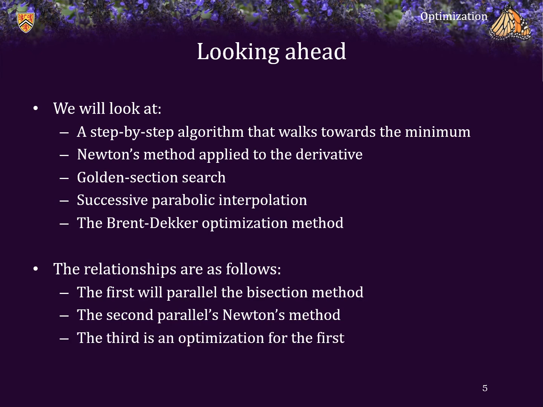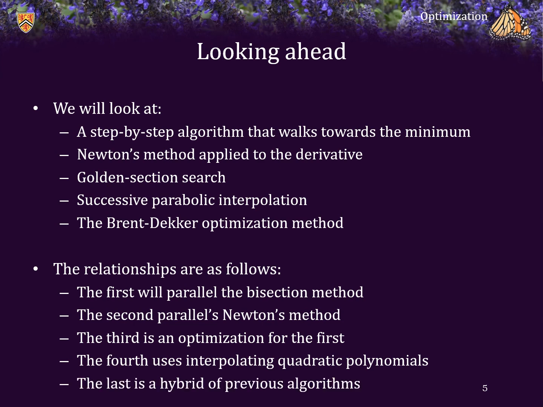The third is an optimization of the first, and therefore once again is a bounding or bracketed algorithm. The fourth, successive parabolic interpolations, sounds a lot like using interpolating quadratic polynomials. The last is a hybrid of some of the previous algorithms that tries to account for each of their weaknesses.